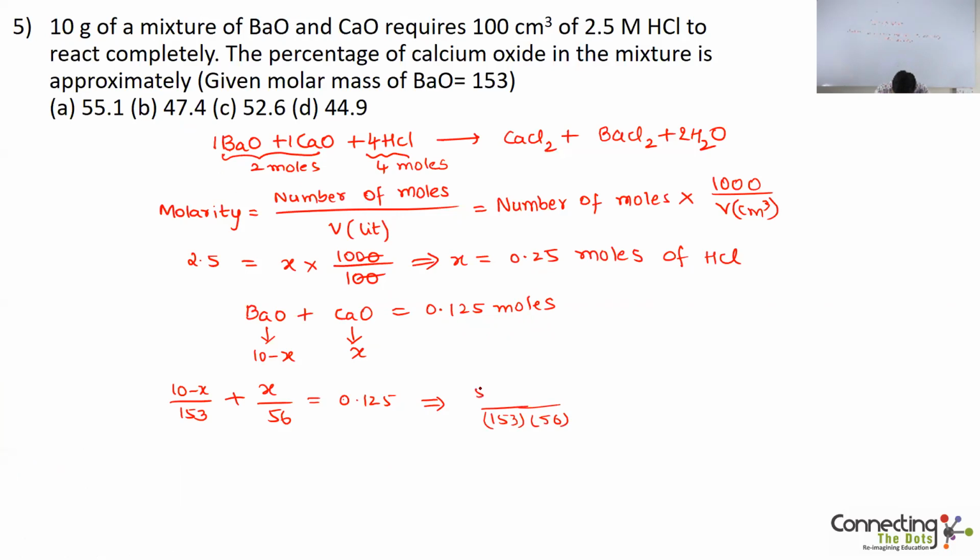So it will be 56 times 10 minus x plus 153x is equal to 0.125 times 153 times 56.